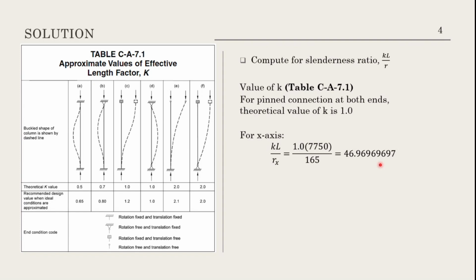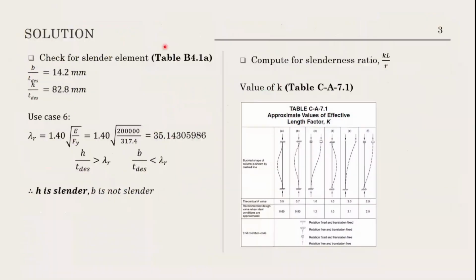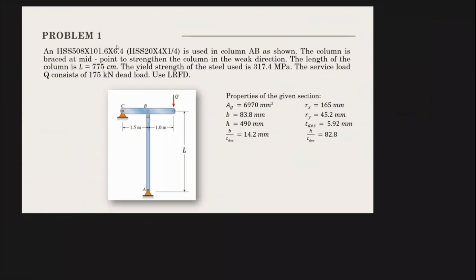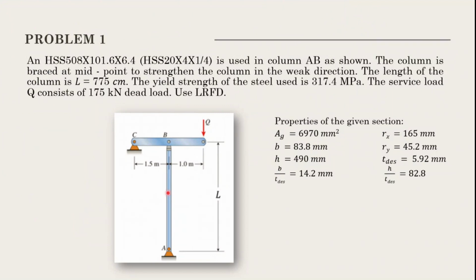Okay, then for y-axis, as you can see, the column length is reduced by a factor of 2 because it says in the problem that the column is braced at the midpoint. So meaning the length of the column for buckling about y-axis is being reduced by half because there is a lateral support at the midpoint.